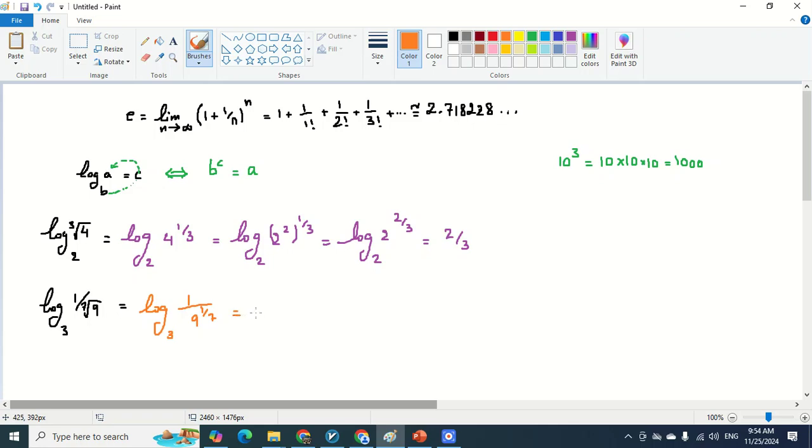Moreover, we can rewrite that 9 as 3 square, so because of that we can rewrite that term as 3 square to the power of 1/7.